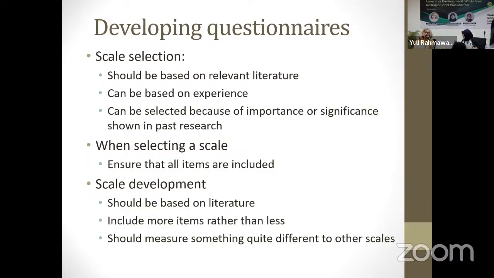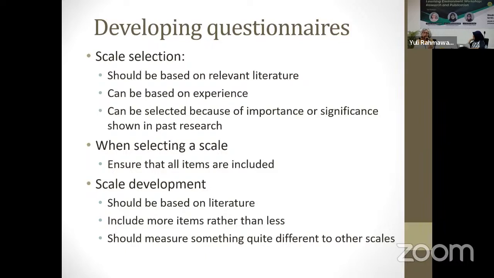So whenever you do your research, you will be developing a questionnaire, but you don't have to, because there are already pre-existing questionnaires. You can pick and choose the scales you want for your research.